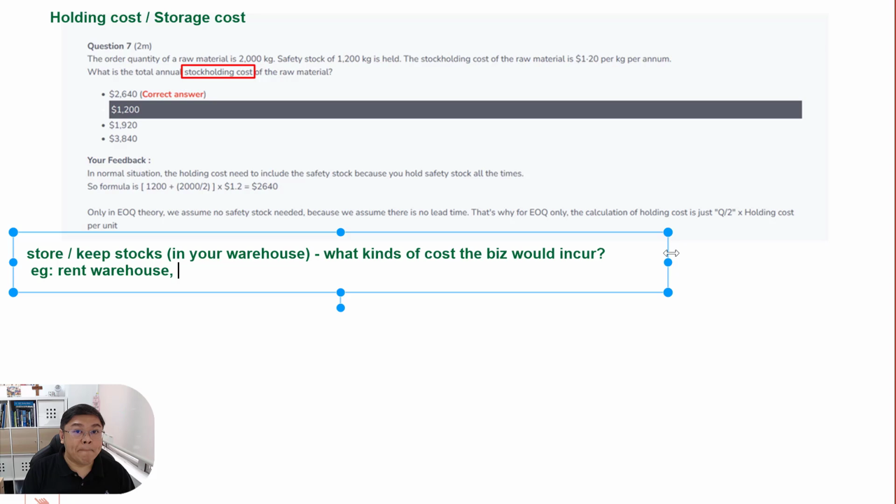Sometimes you have to buy insurance for the stocks. Some stocks need special equipment to, for example, regulate the temperature. So let's say if you're keeping frozen goods, you need a refrigerator, so you have to pay electricity, so you can use that to relate to holding costs.